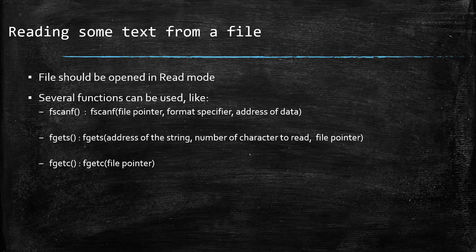For the fscanf function, the first parameter is the file pointer fp, and then what kind of data we are going to read. As we are mainly concerned about characters or text, we specify %s, the format specifier for string, and after reading, where the data will be stored. Suppose it will be stored in the character array s1.